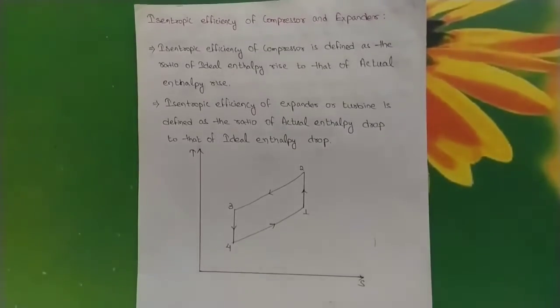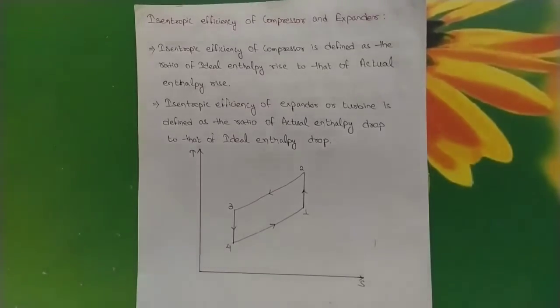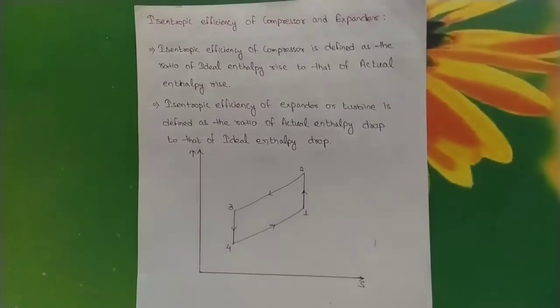As we have discussed, compressor and expander are the two work absorbing and work producing devices in an air refrigeration cycle. As both of them are moving devices, there are some frictional losses associated with the compressor as well as the expander.